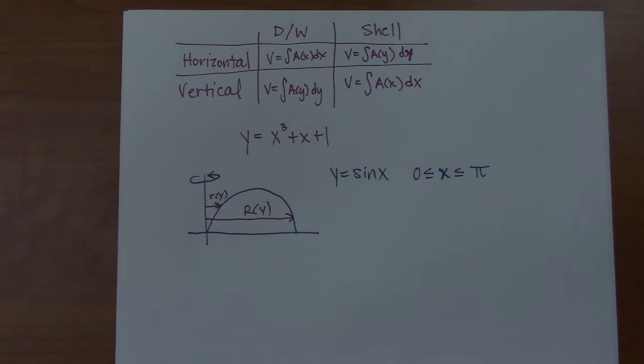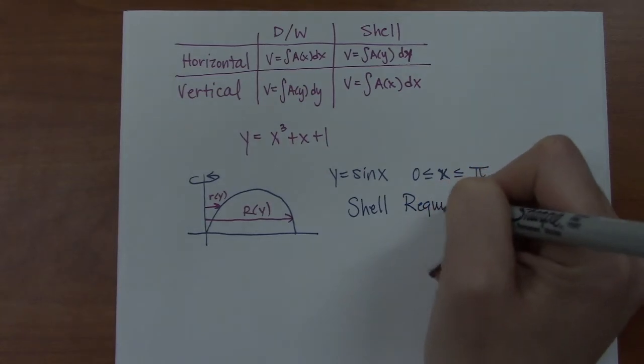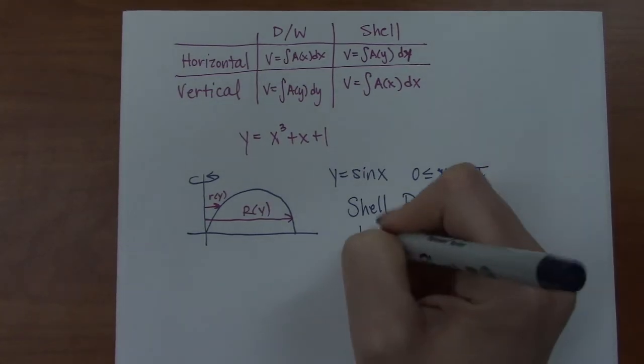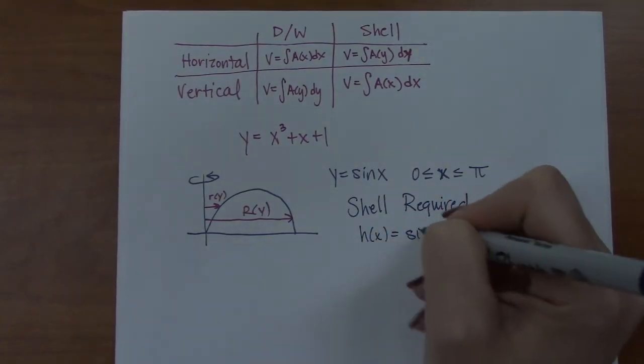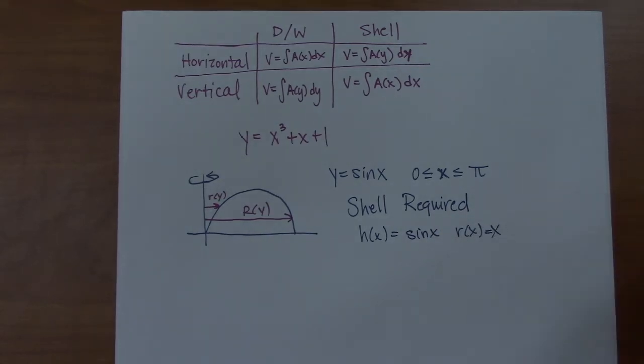They're just giving you volume of a 3D object, but we have two methods of doing it so we have the ability to switch to the other variable if we need to. So this one, shell would be required. And so that means the heights would just be the function themselves, and r of x in this case would just be x again, because I'm just rotating about the y-axis.